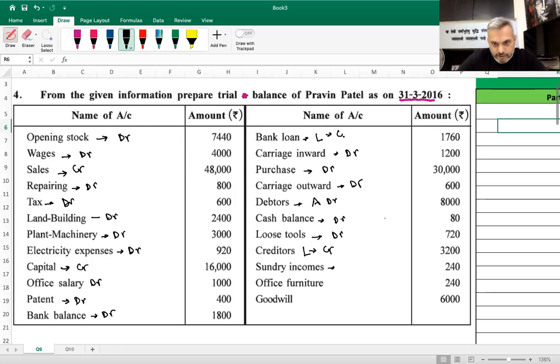Bank loan also credit. Sundry income, credit. Office furniture, asset, debit. Goodwill, asset, debit. So please write this, and then we go to the sum.